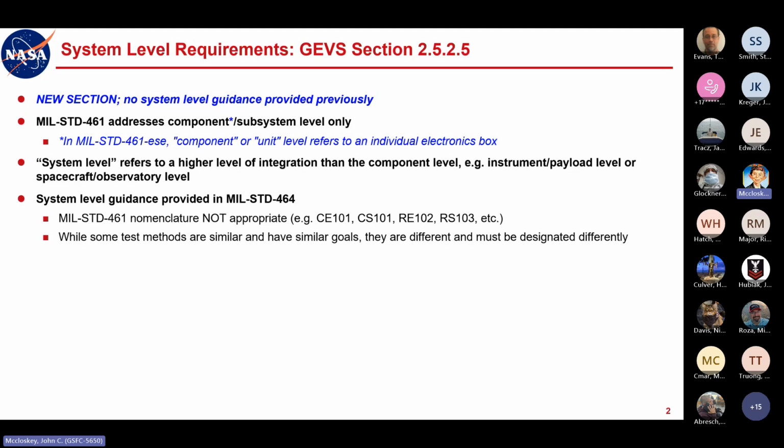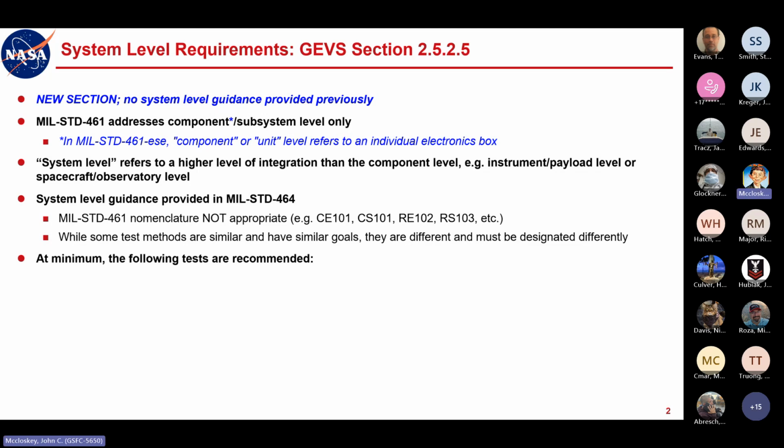I'll get to this in a bit, but you want to put the test antenna in a location that's representative of the antenna that you're trying to protect, which is not necessarily going to be at a 1 meter distance. So if you say RE 102, that can get interpreted in some very specific ways at system level. It may not be what you want. So just avoid that nomenclature altogether and avoid that risk of confusion.